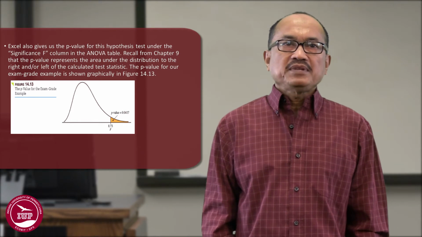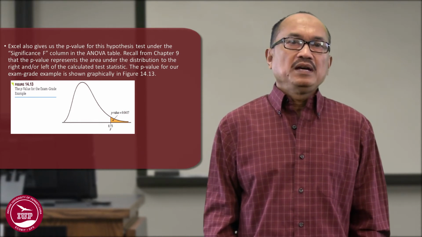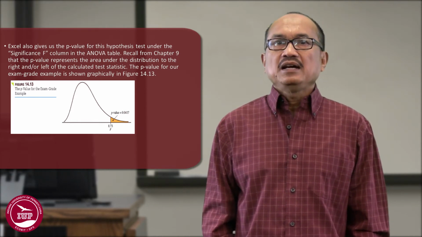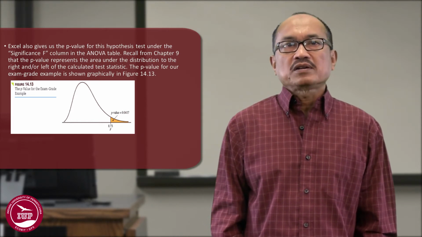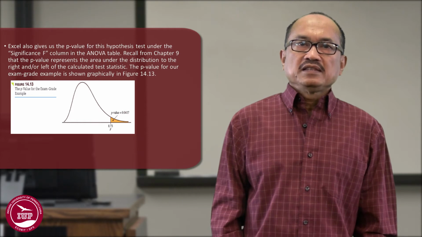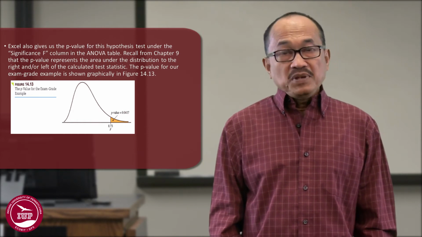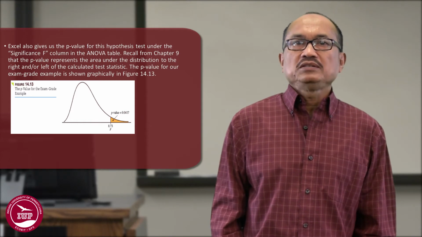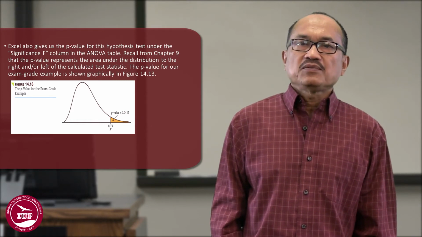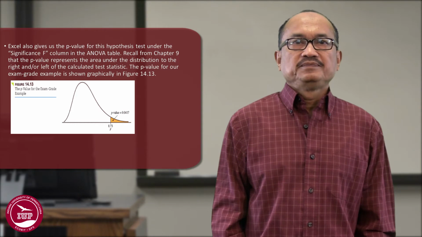Recall from chapter 9 that the p-value represents the area under the distribution to the right or left of the calculated test statistic. The p-value for our exam grade example is shown graphically in figure 14.13.